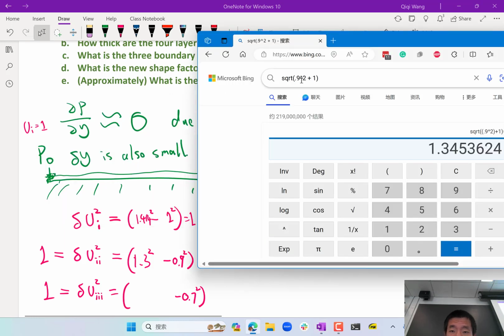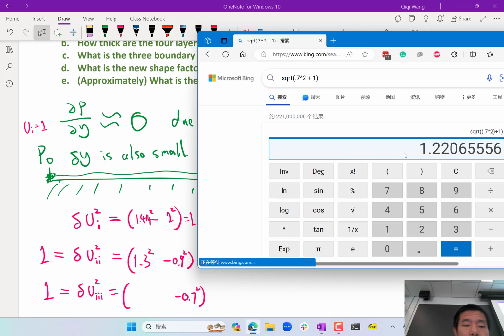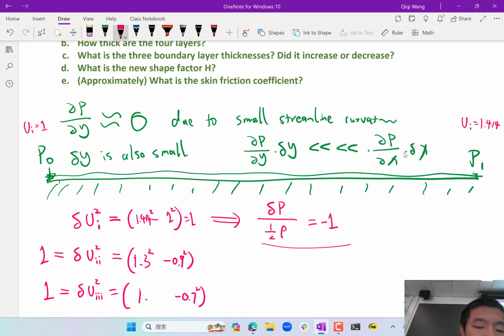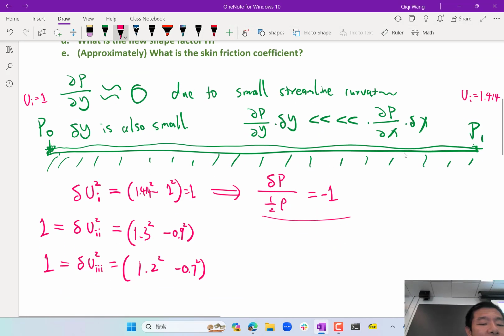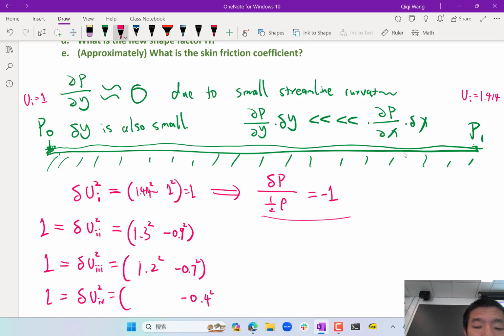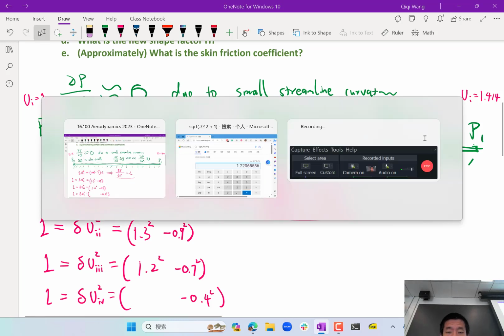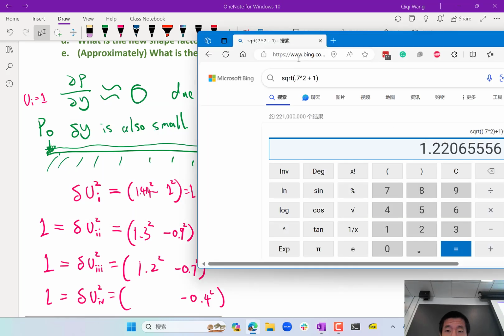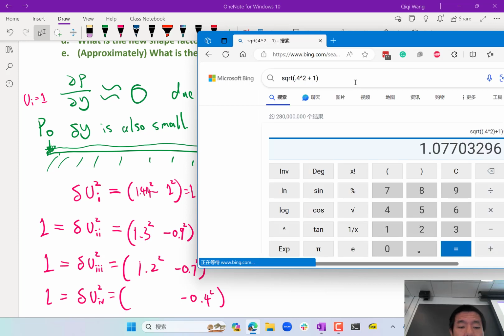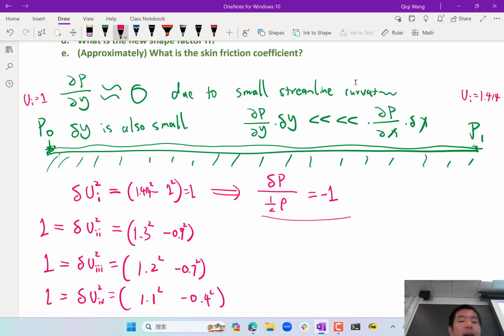The velocity has to be 1.2. And finally, let's look at the innermost layer, the fourth layer. Something squared has to be subtracted with 0.4 squared to get to the same pressure difference, and it has to be 1.1.